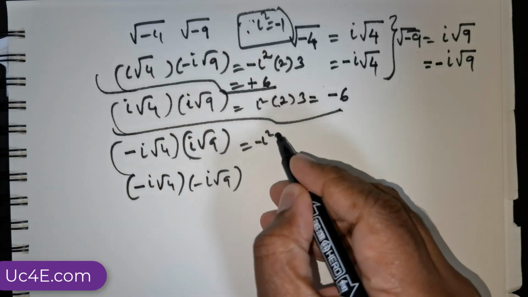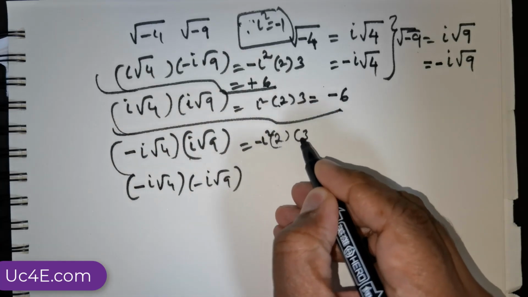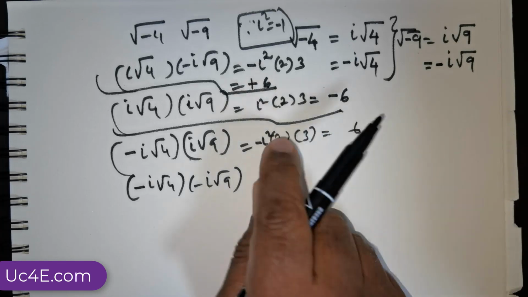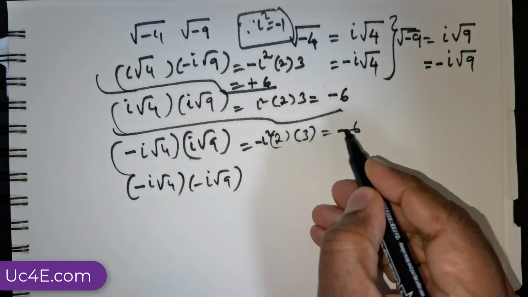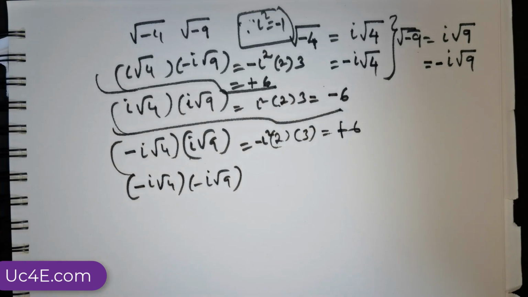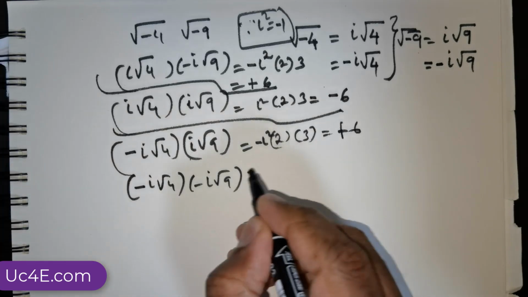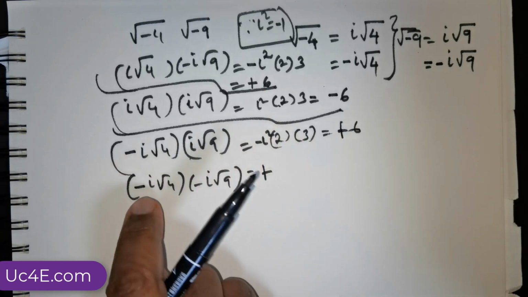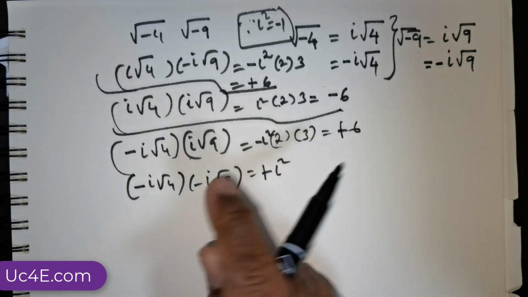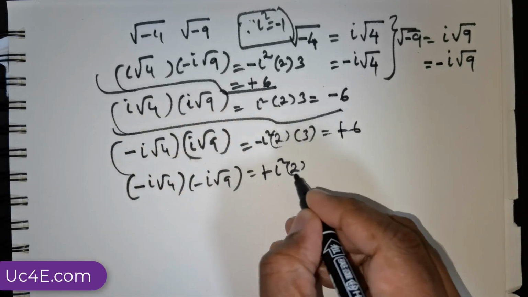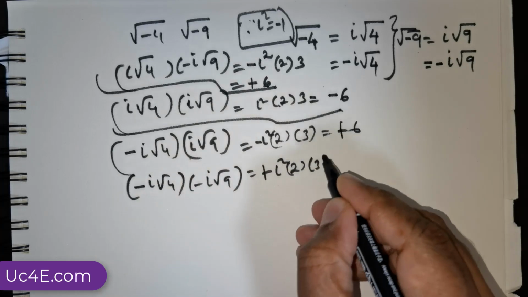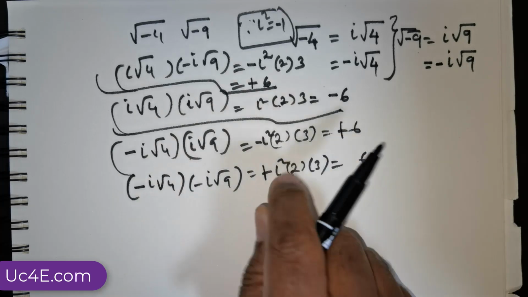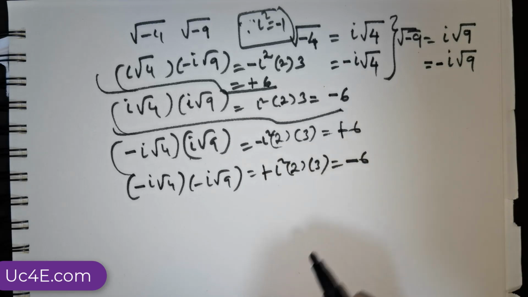Root of 4 is 2, root of 9 is 3, 2 times 3 is 6, i squared is -1, but there is a negative sign, so I'm getting a positive sign there, so it's positive 6. Coming to the last one, negative, positive, i into i squared, root of 4 is 2, root of 9 is 3, 2 times 3 is 6, i squared is -1, so we place a negative sign.